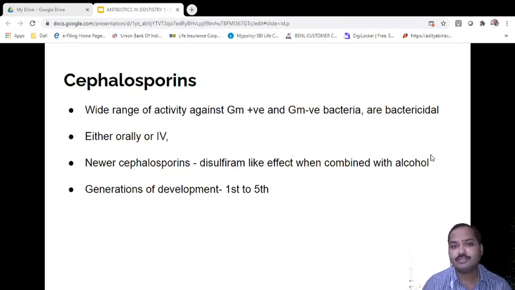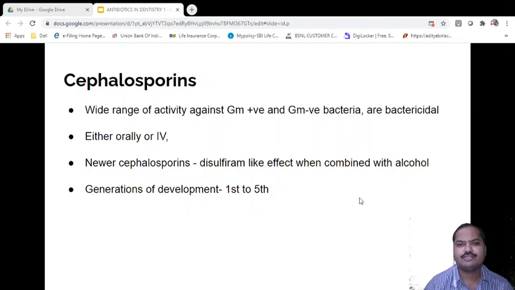But some of the newer cephalosporins can cause a disulfiram-like reaction when combined with alcohol. So we have to be very careful when giving cephalosporins to patients who consume alcohol. In such cases, a disulfiram-like reaction will occur.